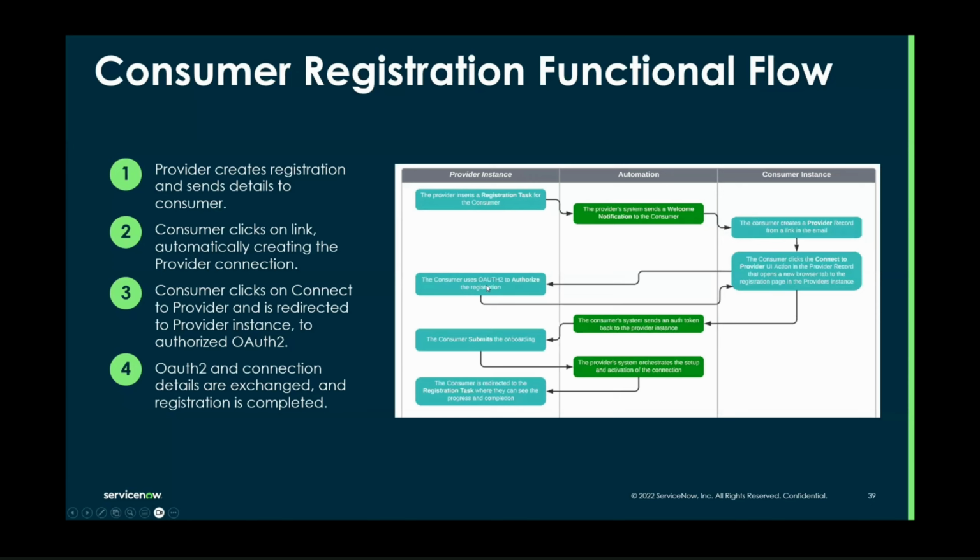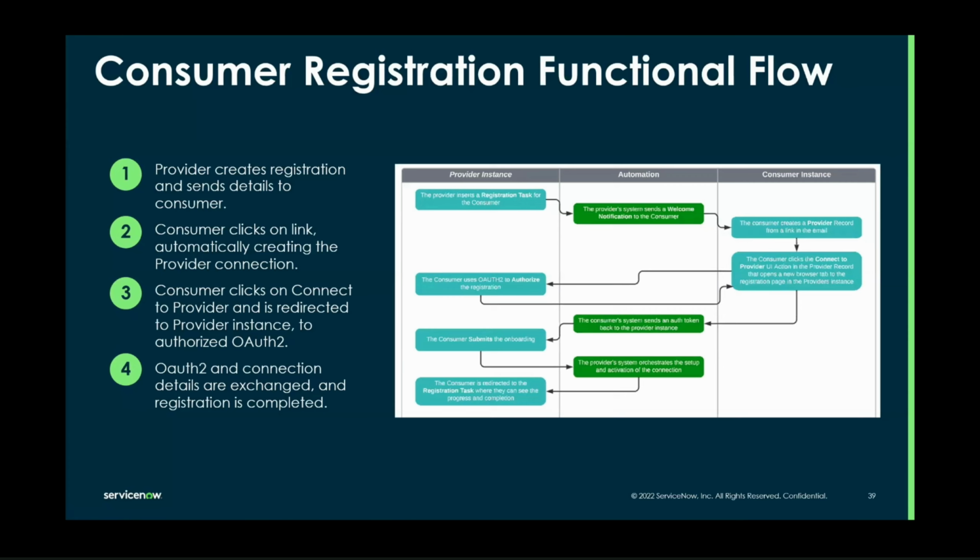Once that OAuth2 is authorized, it does an exchange of the OAuth tokens between the consumer and provider instances, with the information necessary to complete the build out of the related tasks. It builds up the RPS connection and all of the necessary components within Service Bridge. Lastly, the consumer is redirected back to the provider instance where they can see the registration task.